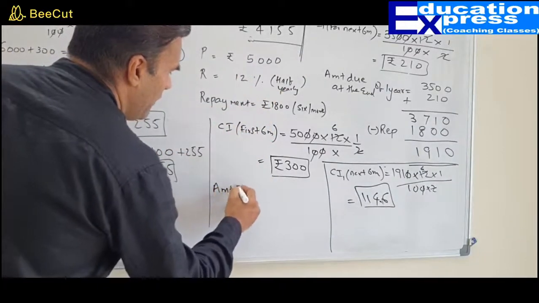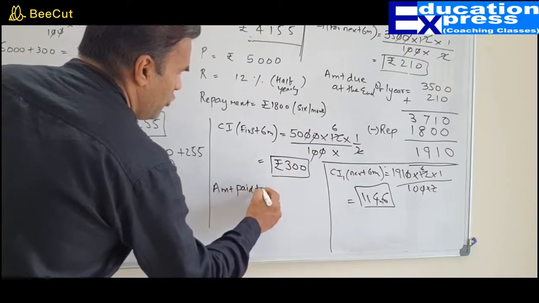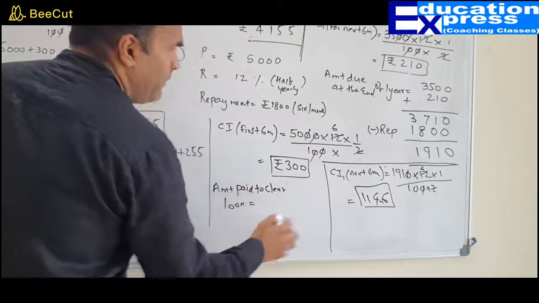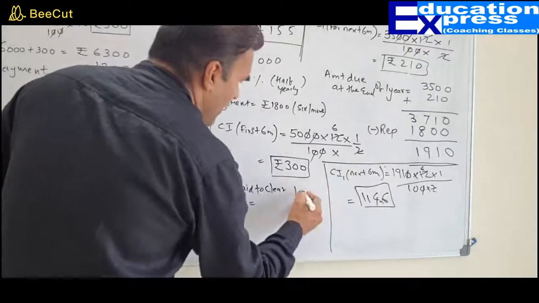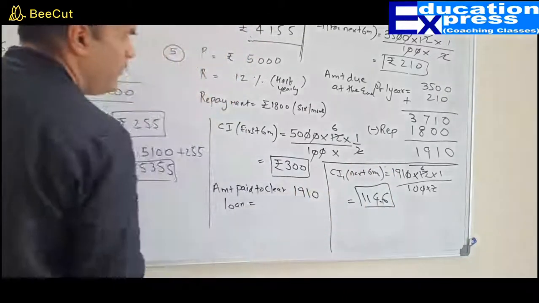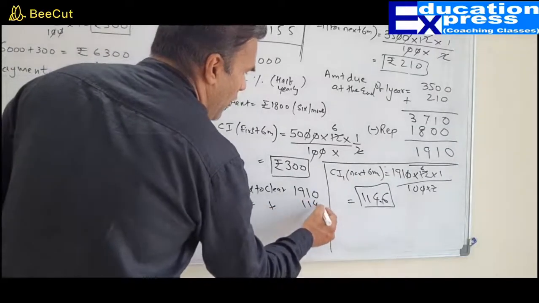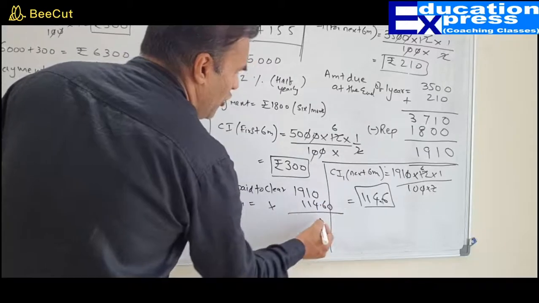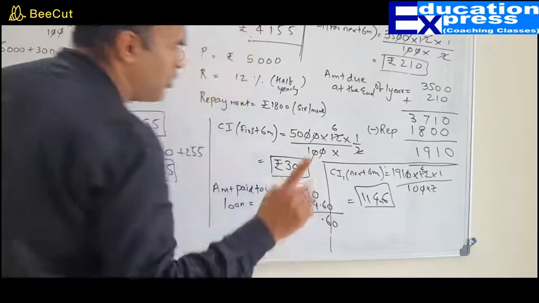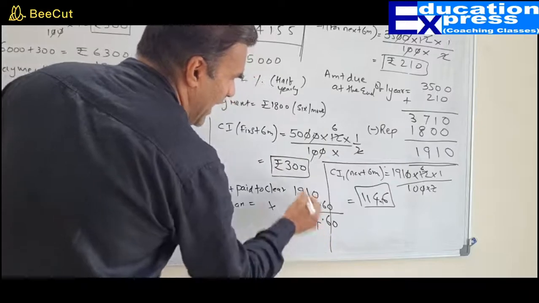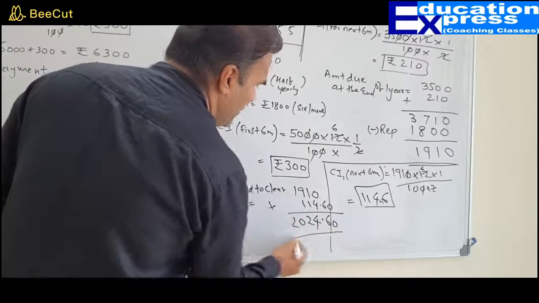Amount paid to clear the loan would be, my amount due was 1,910 plus 114.60. So it will come up to, I am sorry I have to write over here, but to complete the sum, I have no other option.